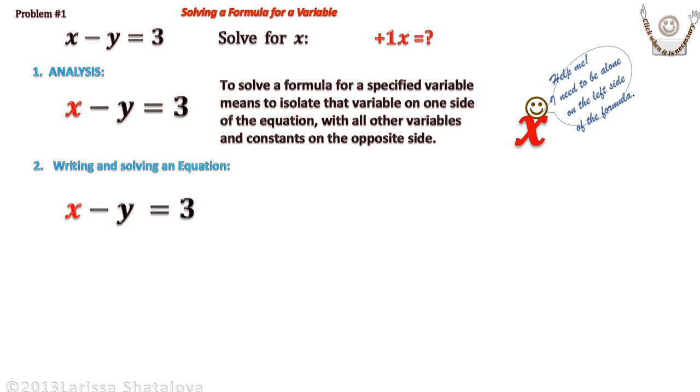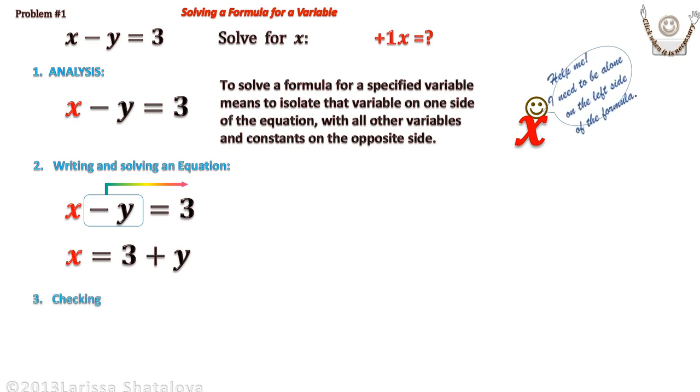We are going to move -y from the left to the right because we need x to be alone on the left. But don't forget that we have to change sign. It was -y on the left, and it will be +y on the right. Perfectly done.